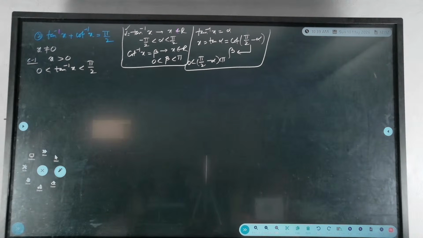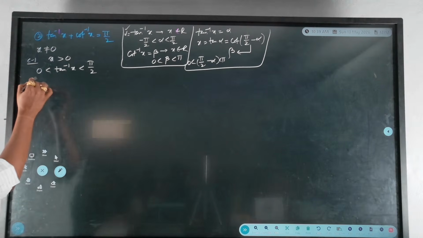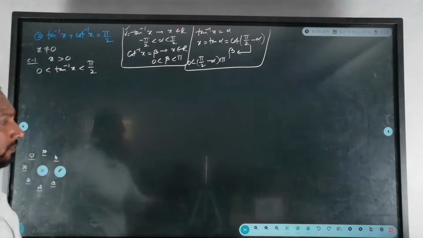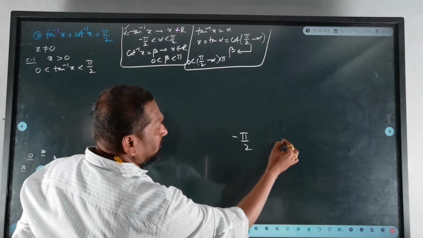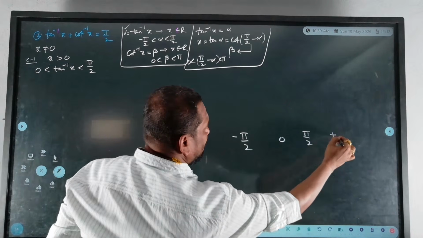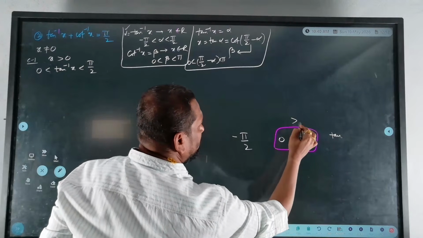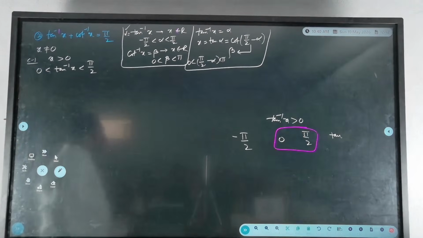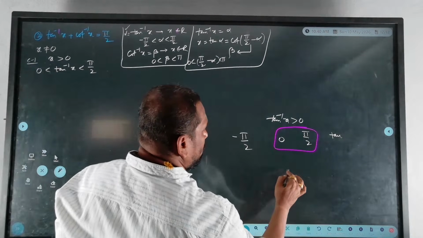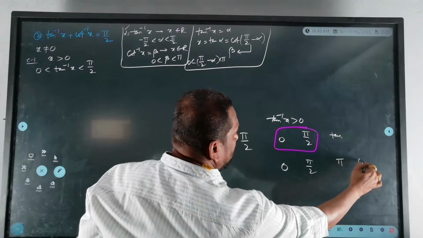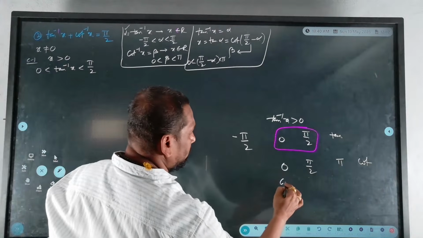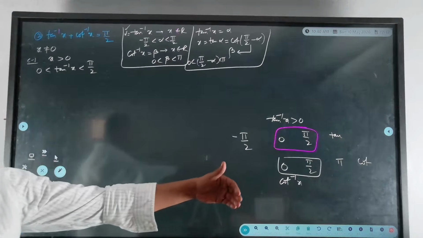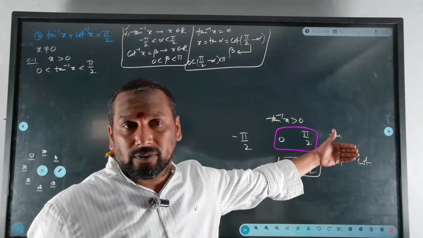Tan is positive. Okay, what about cot? Here tan goes from minus pi by 2 to pi by 2, with minus pi by 2, 0, pi by 2. In this interval tan inverse x is positive. Now 0, pi by 2, pi, this is cot, where cot is positive in this interval only, because in the second quadrant, 90 to 180, cot is negative.